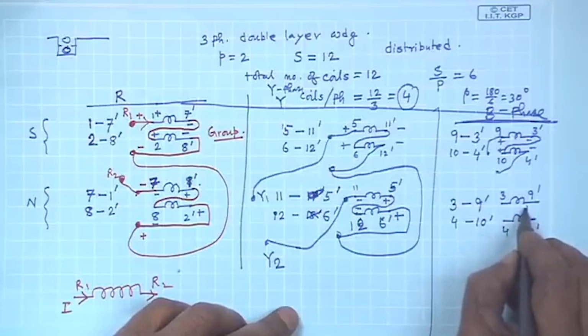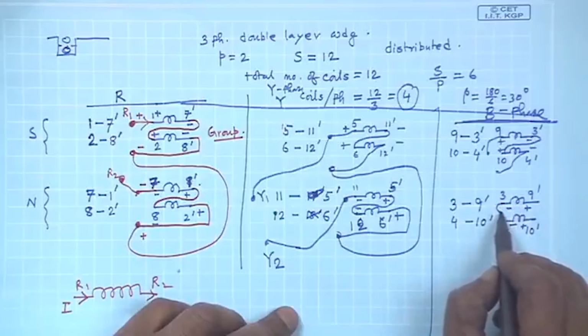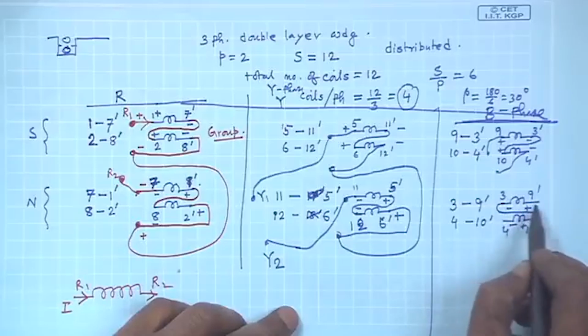But the polarity of the induced voltage must reverse, because the start point is like this, and these two also I should connect in series, so that voltages are additive.